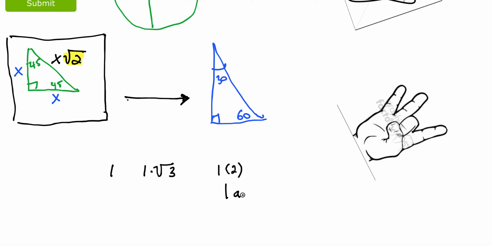So that's the largest. Where's the smallest? 1. And this one's the one in the middle. So the root is the middle one. And which side here is the middle side? The middle length side. The one opposite the 60.